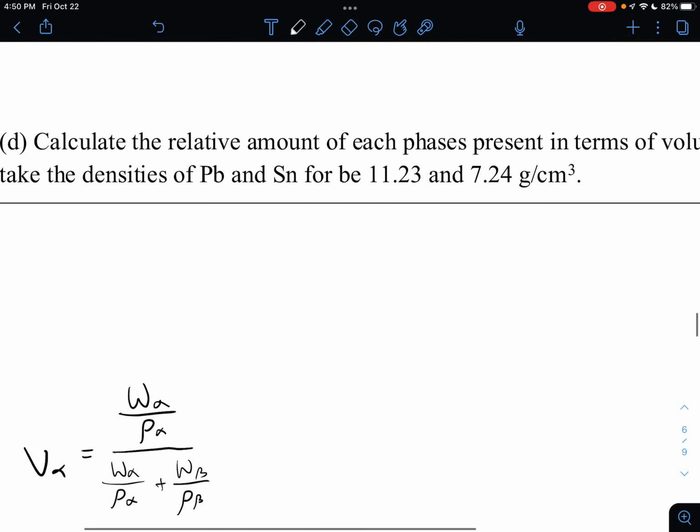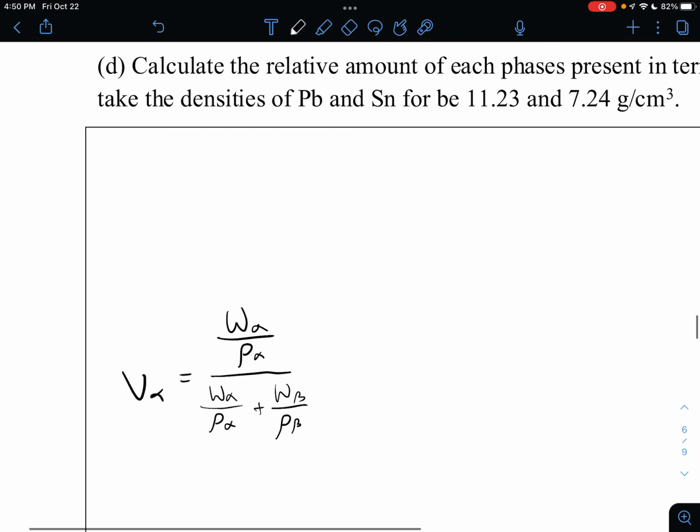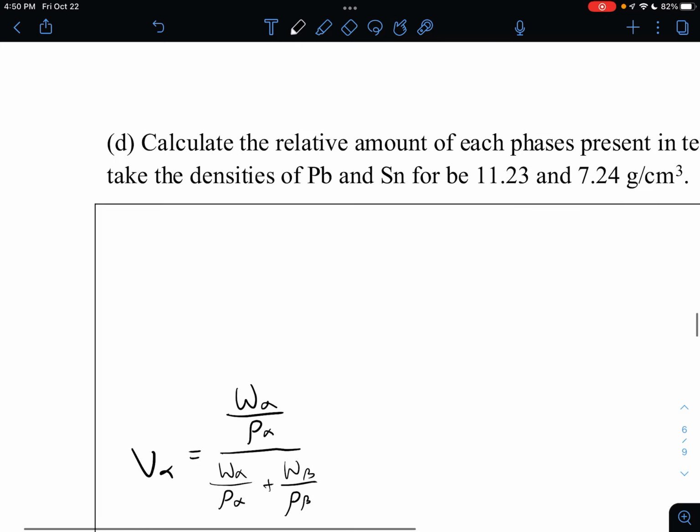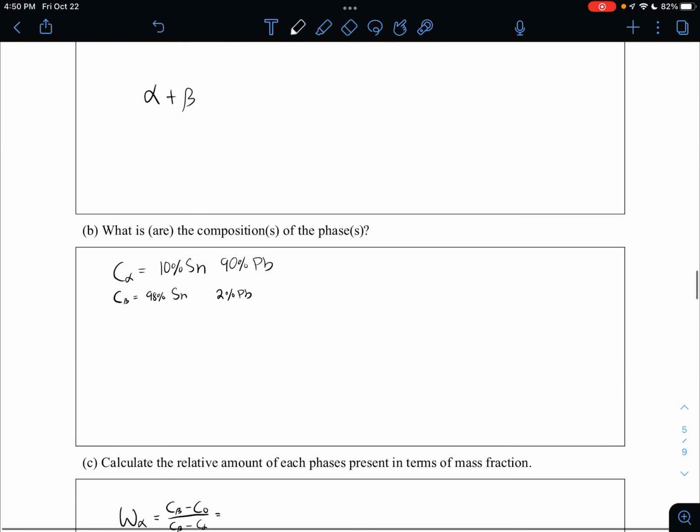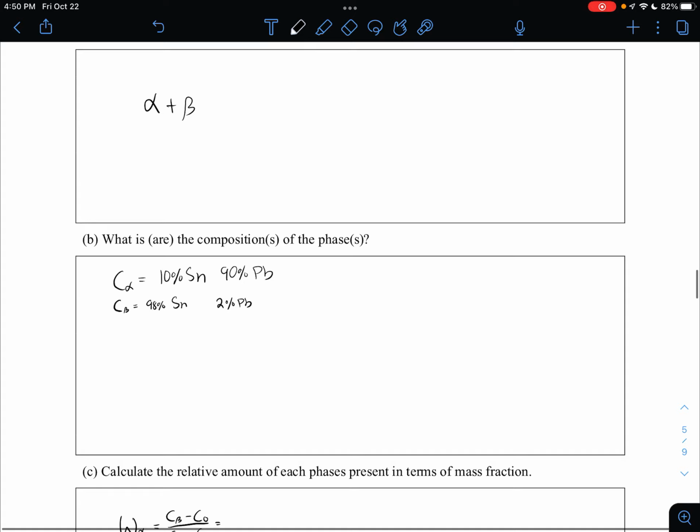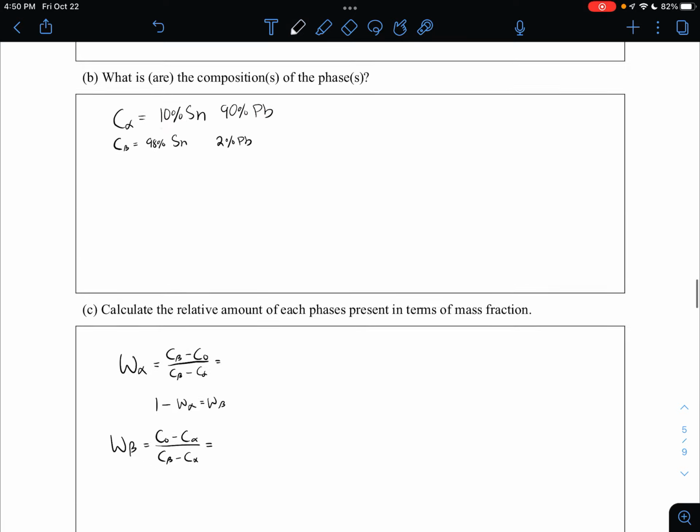So to get our density of alpha, that's when we use the composition of alpha, right? So we know it's 10% tin, 90% lead.